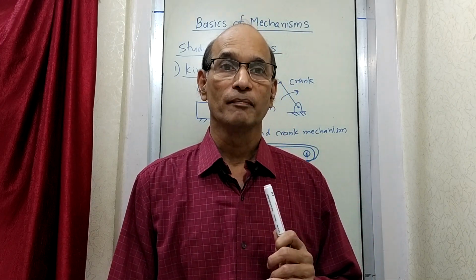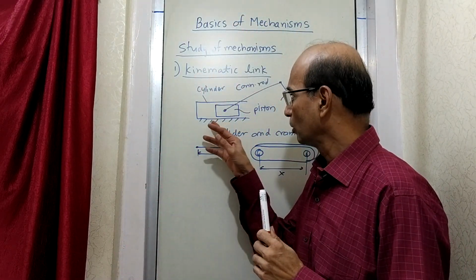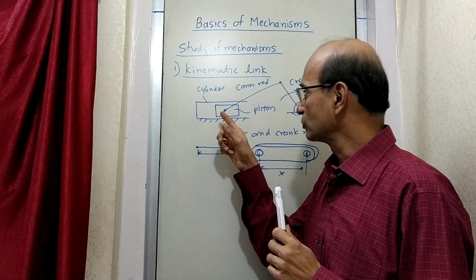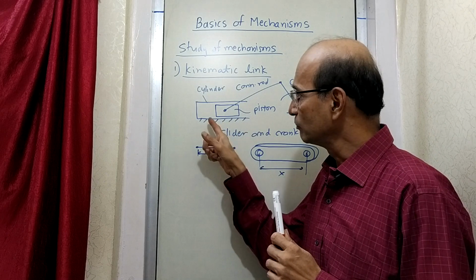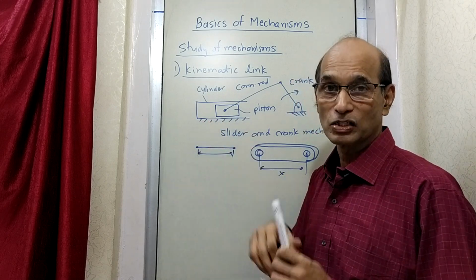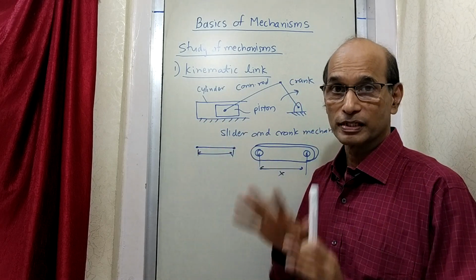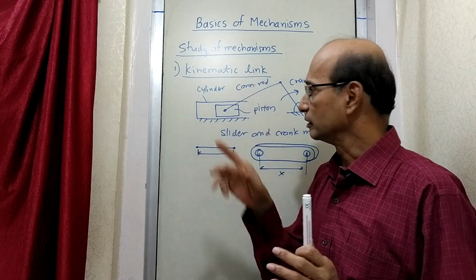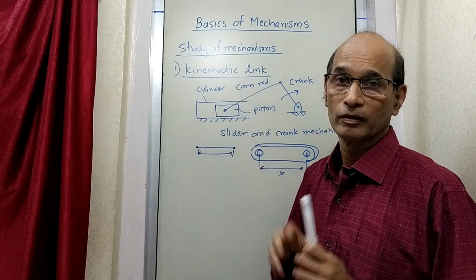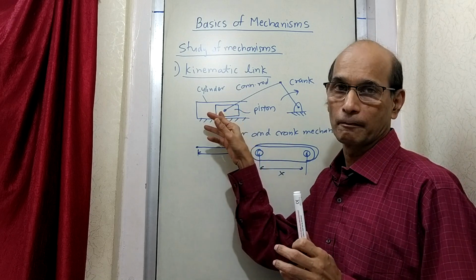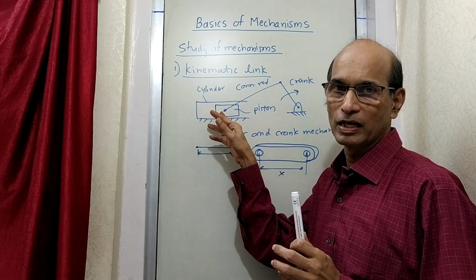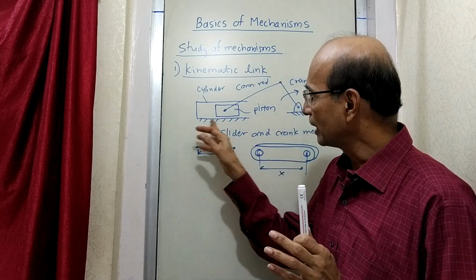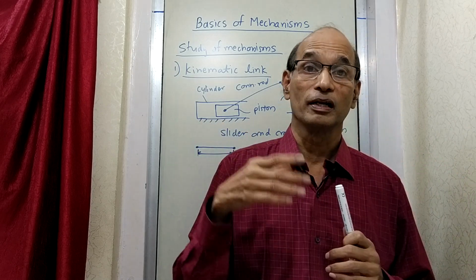With respect to each other means although this is fixed and this is moving, this movement is with respect to this link. We are standing on a floor which is stationary, and the cylinder is also stationary, therefore the piston is moving. Now suppose we are standing on the piston. Then you will not realize that you are moving, and you will get a feeling that the cylinder is moving. That is called relative motion.